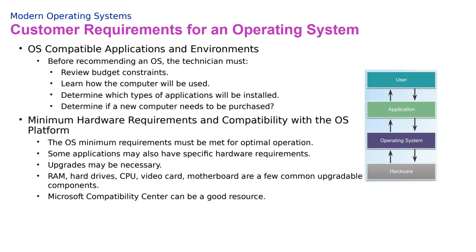Okay, what is the customer requirement? So a customer, what do they need? Or when a customer needs an operating system, what they have to think of? What is their budget? What is the size or the hardware they have? How much RAM? Okay. They need to ask themselves, okay, if I want to buy Windows Server 2019, what is the requirement for Windows Server 2019, correct?